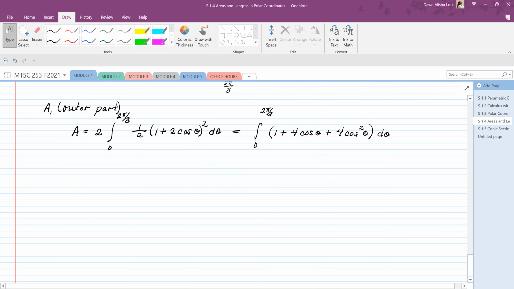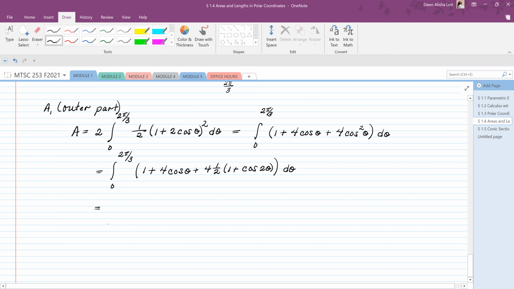Yes. Okay. All right. So then this becomes the integral from 0 to 2 pi over 3 of 1 plus 4 cosine of theta plus 4, and then I'm going to multiply by 1/2 times 1 plus the cosine of 2 theta, just like we did before, d theta.